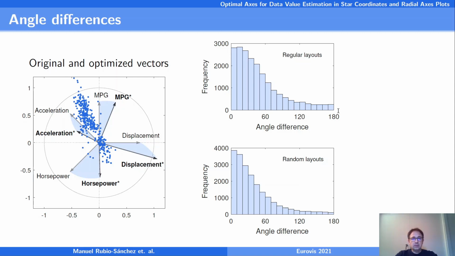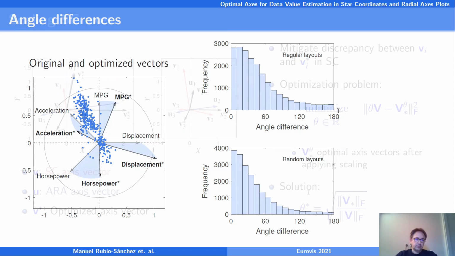And in these cases, this is a clear indication that the original choice of axis vector is probably poor. So users should really think about the original axis vector and consider updating it maybe to a direction that is more similar to the optimized vector.